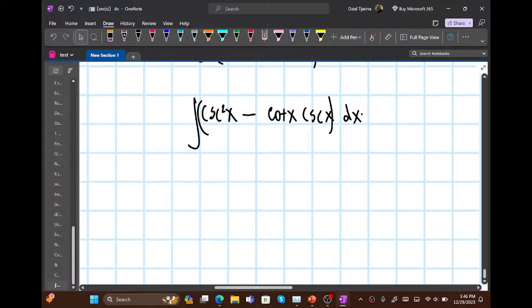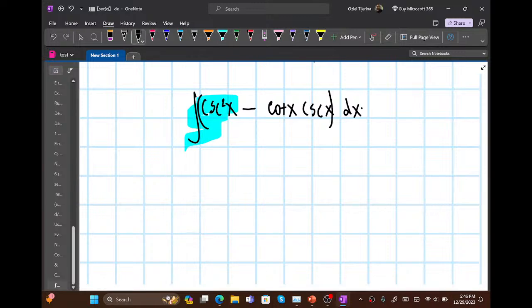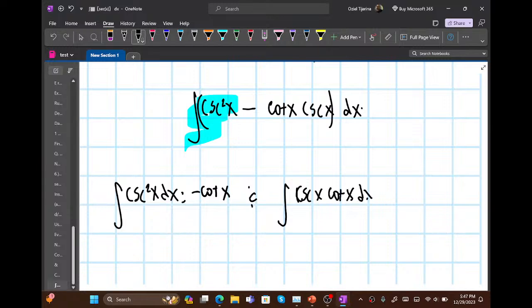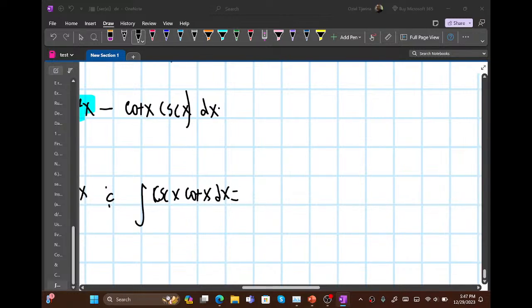The integral of cosecant squared x is really the negative cotangent x, and then the integral of cosecant x cotangent x dx is equal to negative cosecant x.